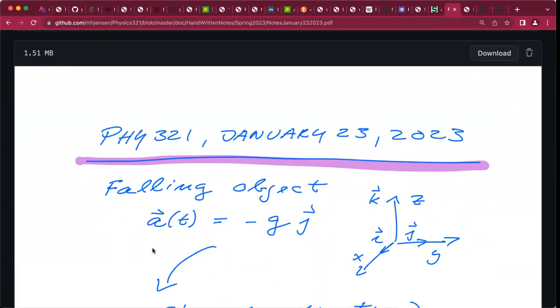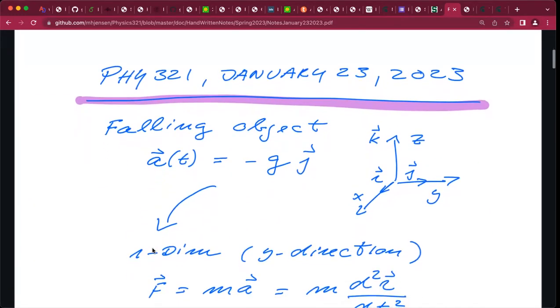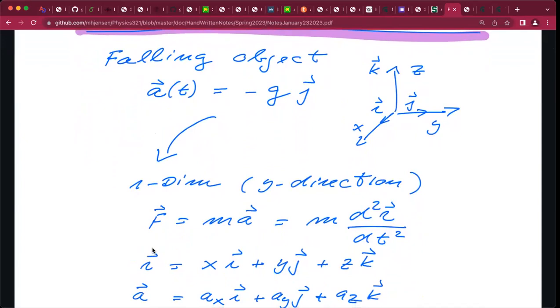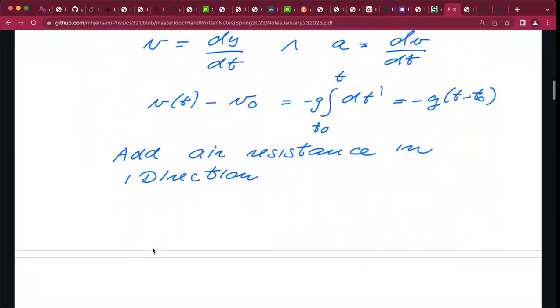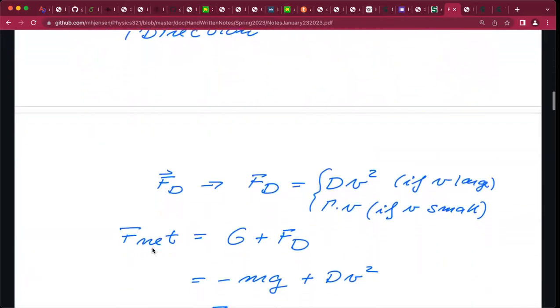So Monday was us studying this falling object in 2 dimensions. We started with 1 dimension, and then we went into 2 dimensions with and without a model for air resistance. In this specific case, what we did was to add air resistance in one direction.